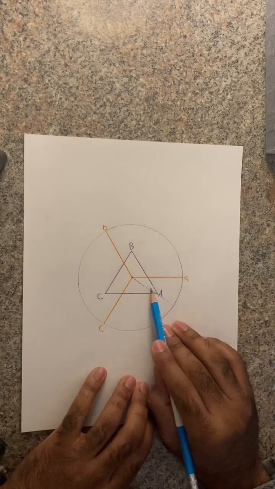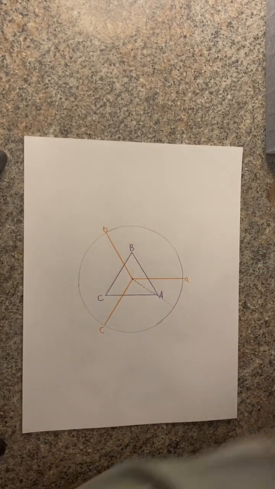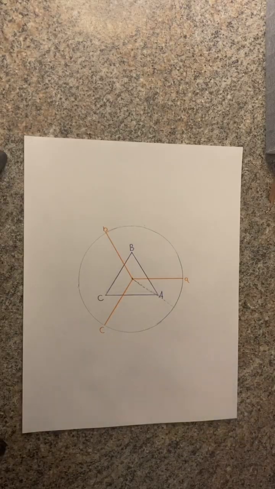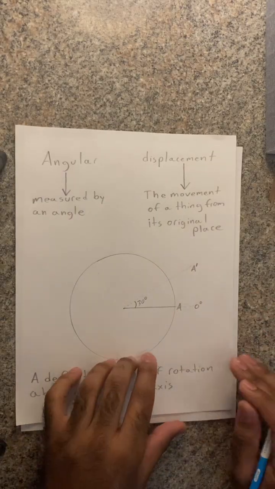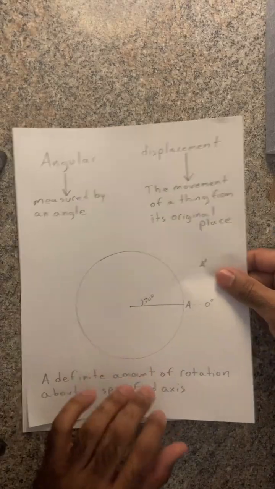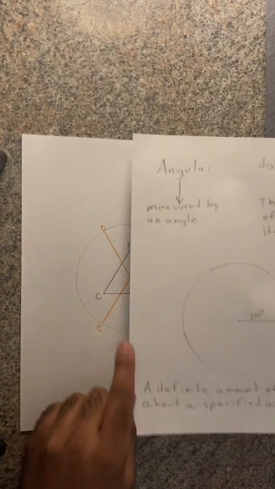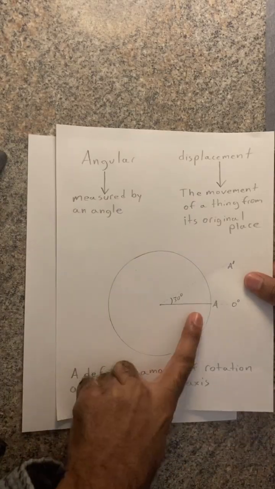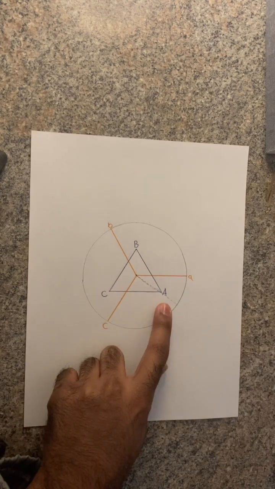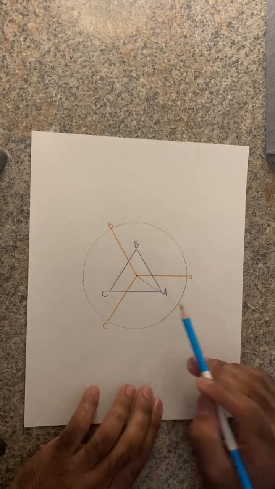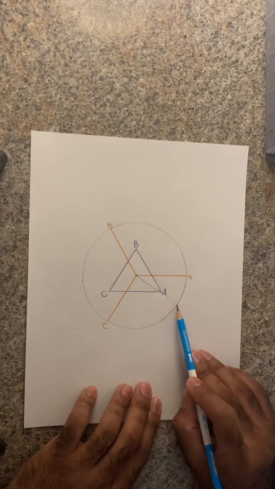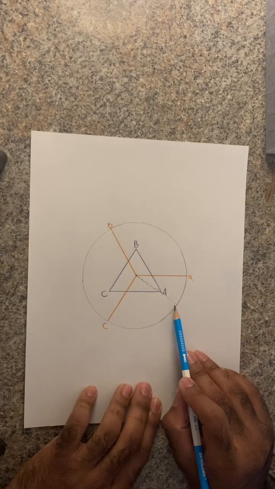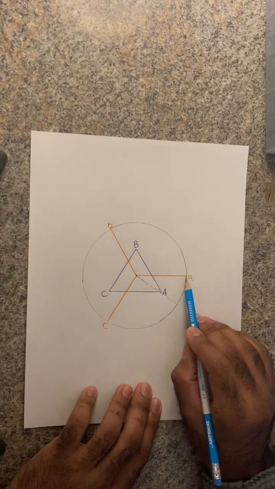Going back to the basics as we discussed in the beginning, the same logic still holds. We see that this is the initial position. So it is as if A has rotated to this position.